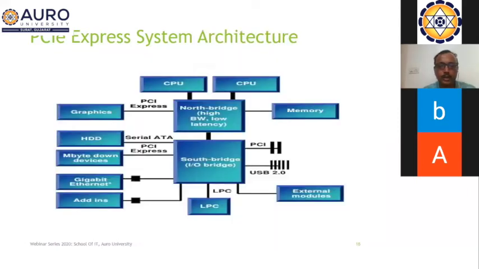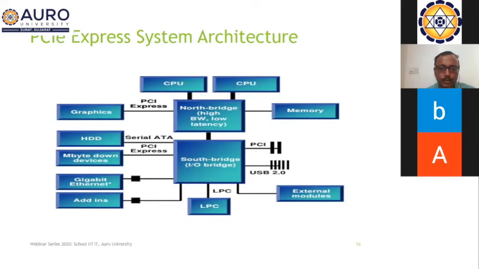This is typical x86 server architecture. Intel has divided their PCH, basically their motherboard, into two parts. One they called North Bridge, another they called South Bridge. South Bridge is for the lower end devices, for example hard disks, SATA drives, or any USB.